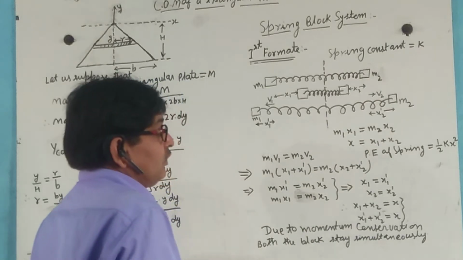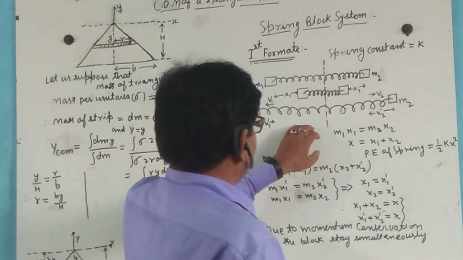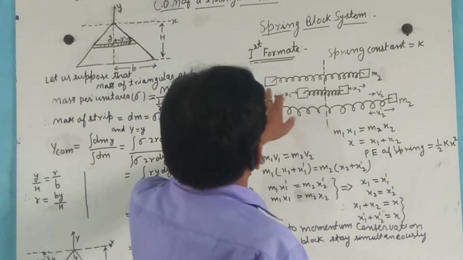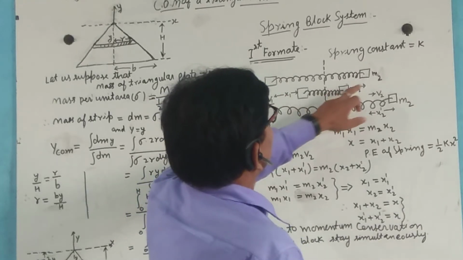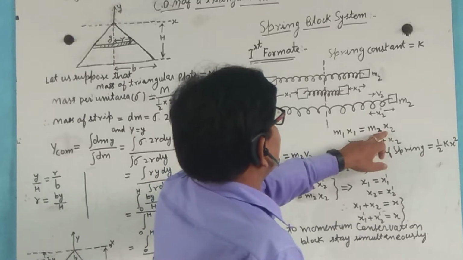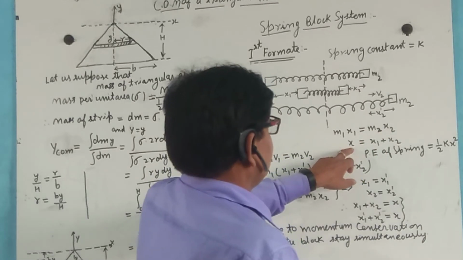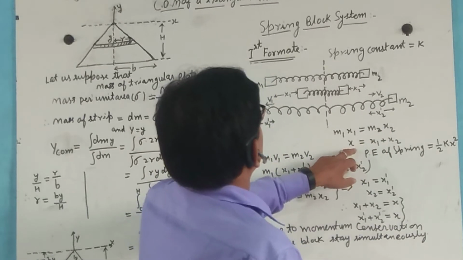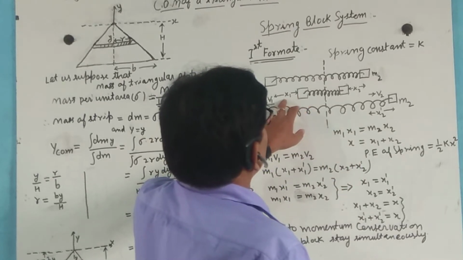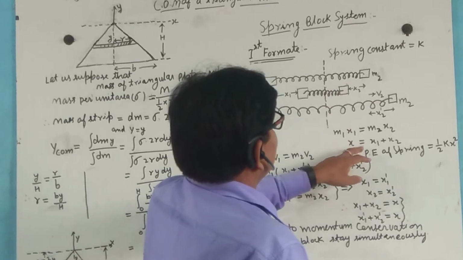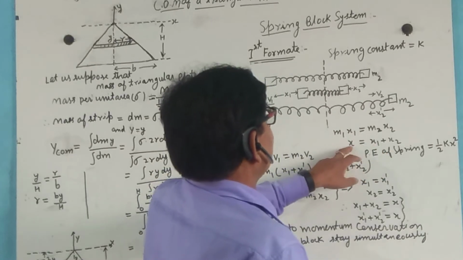In this case, m1 x1 equals m2 x2 here, and the total elongation from this point is x1 plus x2, equal to x.